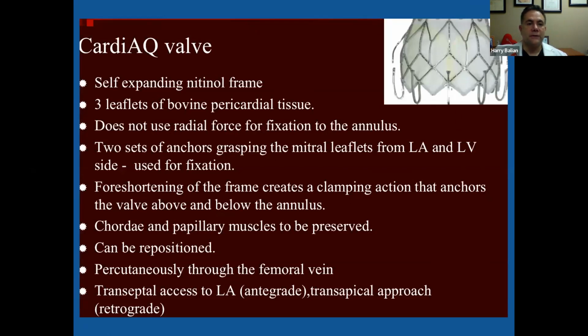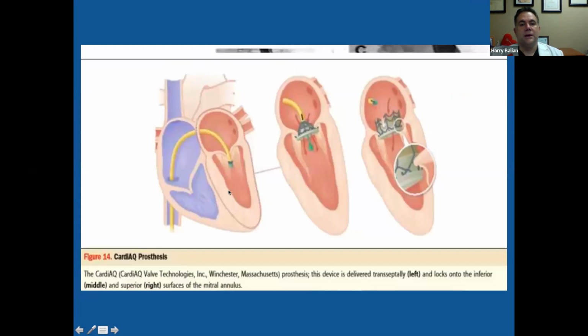The CardioValve is a self-expanding nine-hole frame, three-leaflet bovine, as I mentioned, does not use radial force, and has two sets of anchors grasping the mitral valve leaflets from the left atrium and left ventricle side. It's used for fixation. So this is basically a picture. We'll go to the groin, the right atrium, go across into the left atrium, and then basically you have the two anchors anchoring below the valve, and then you deploy the valve.